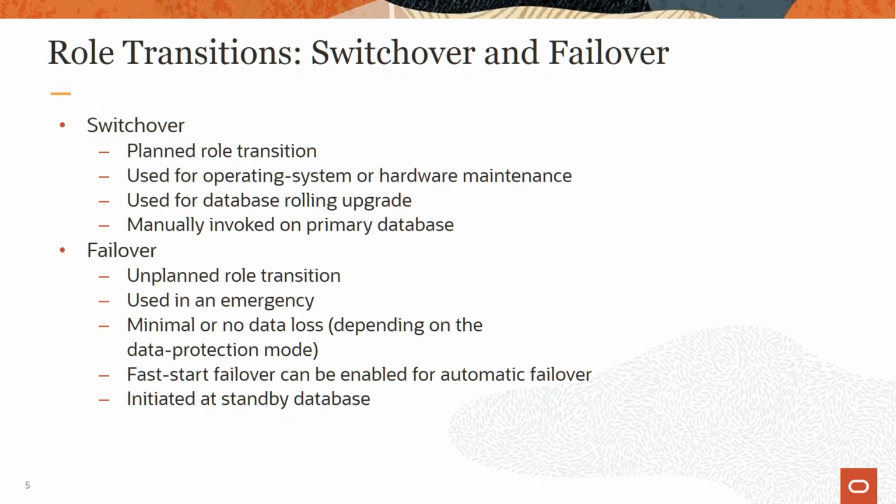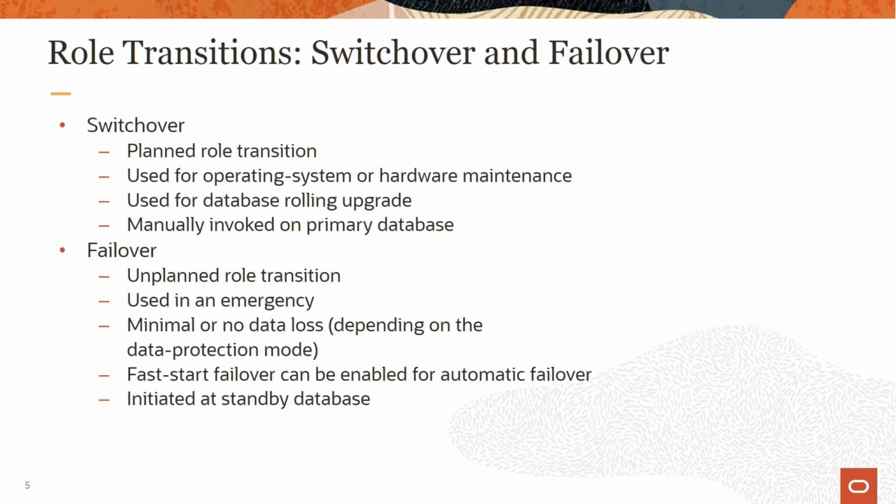And also you can use a switchover operation for planned maintenance. Your database is running out of Piscataway, New Jersey, and you have planned operating system and hardware maintenance. So temporarily, you have to shut down the primary database. That means it will affect applications running on it, and eventually it will affect your business.